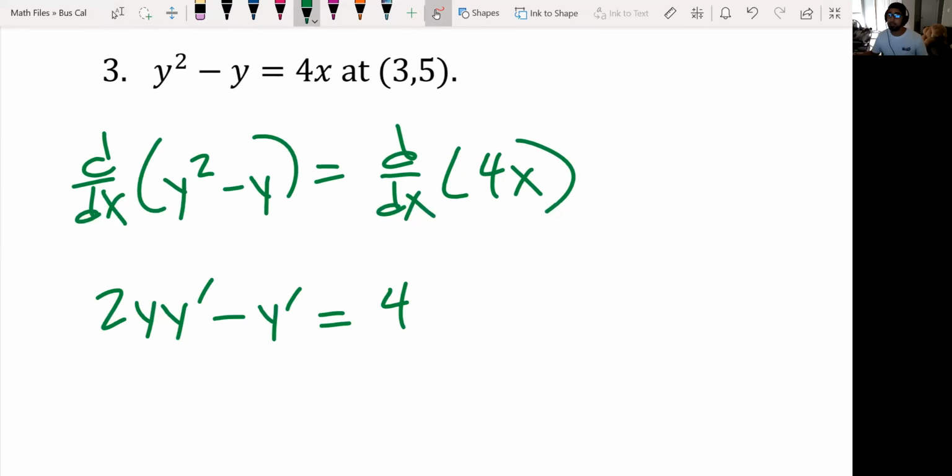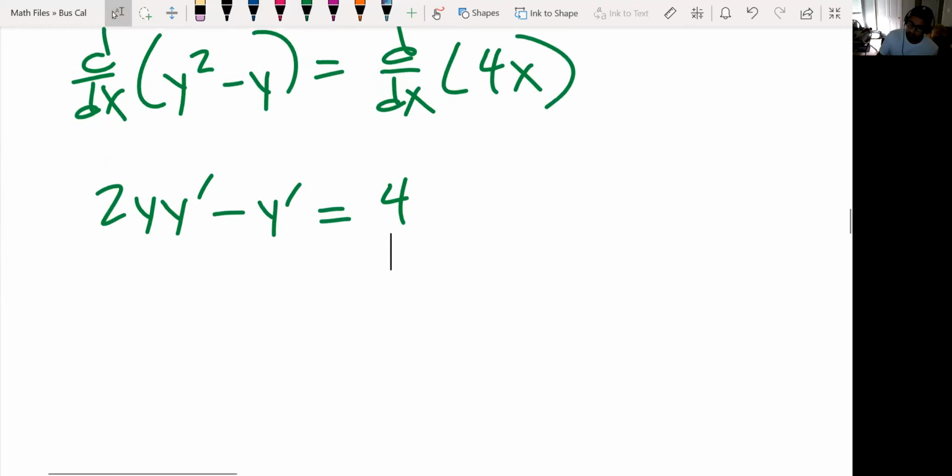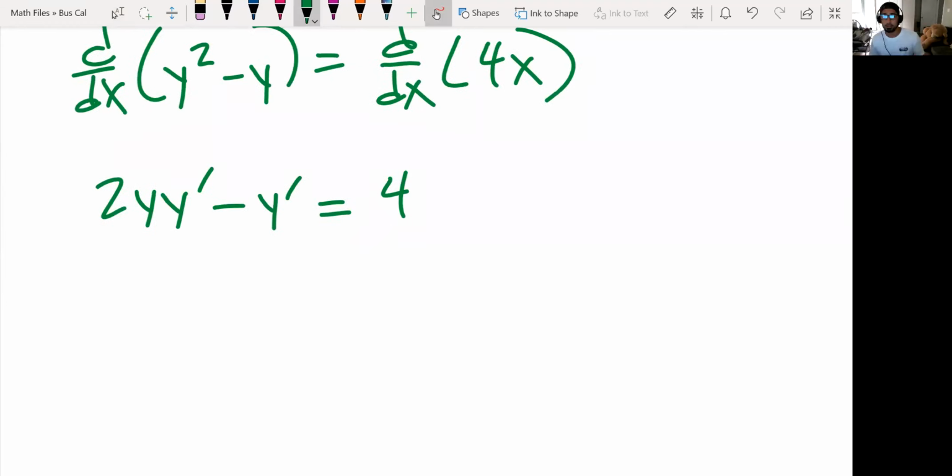Now, after you take the implicit derivative, you must solve for y prime. And here's where your algebra skills come in, because we have 2 y primes on the left side. This means I have a greatest common factor of y prime.